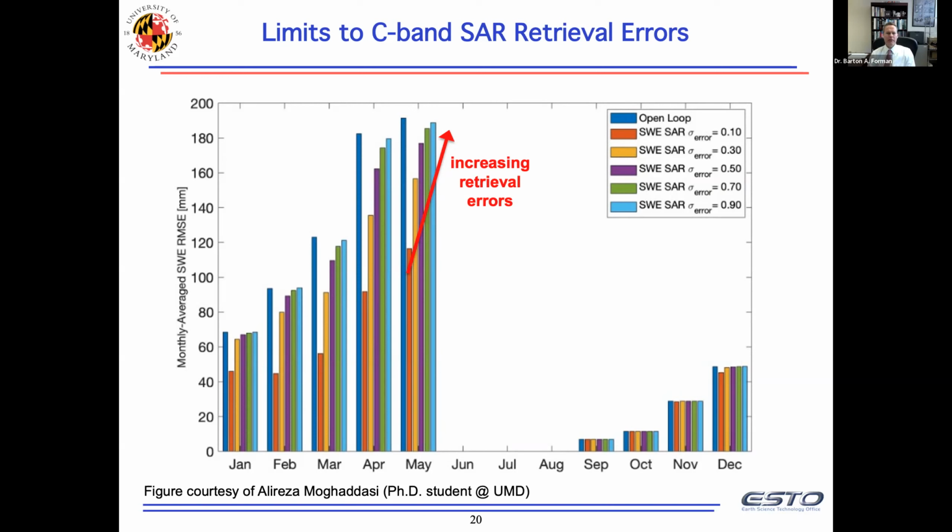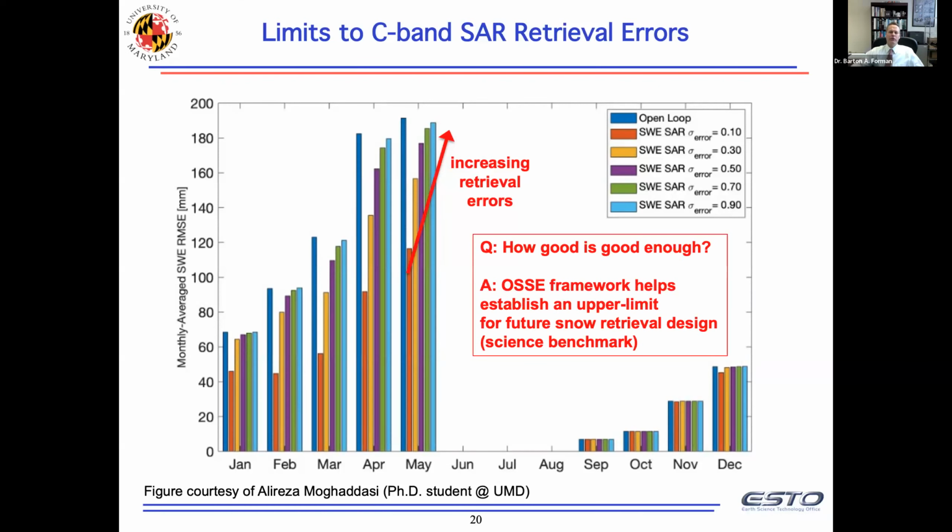And in the limit, as these retrieval errors approach infinity, the Kalman gain will actually shut down to 0, and there will be no assimilation. So this serves two purposes. It follows a trend that we expect, less improvement with larger errors, but it also allows us to ask the question, what level of error can we tolerate such that those retrievals are actually adding value to our model? Or in other words, how good is good enough?